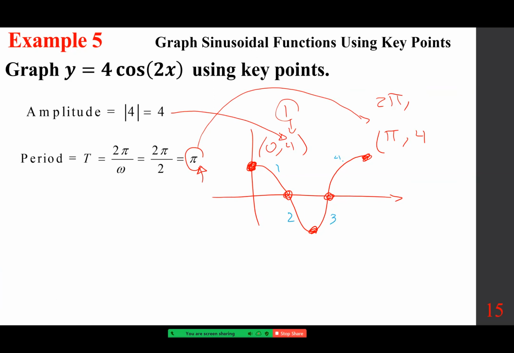So that's the idea. Now we are going to divide the period by what? By 4, because we have 4 main arcs, 5 key points. When we divide pi by 4, we get pi over 4.